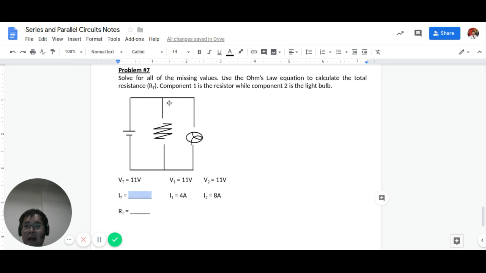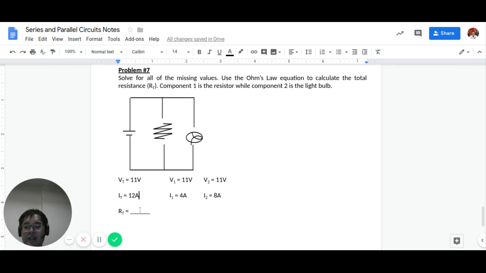Remember, when you have a parallel circuit, it is an additional branch. So in this case you have I1, the current that flows through the first component, as 4 ampere, and the current that flows through the bulb as 8 ampere. So we know that the total is these two values added together. So that would be 12 ampere in total.